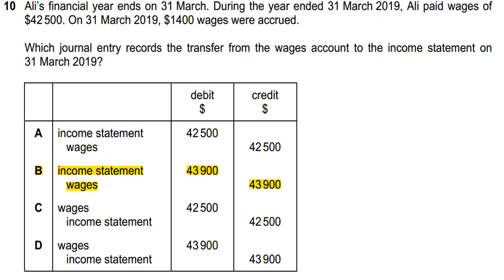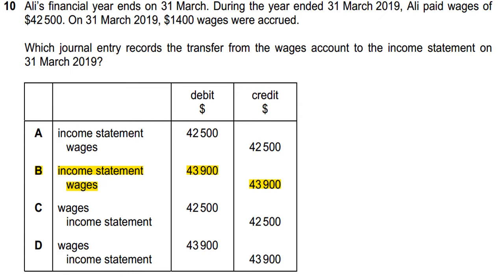If he accrued wages of $1,400, expense and income will be recorded in the particular year in which they are earned or incurred. So 1400 will be incurred in the particular year, so it will be recorded in the same year in which it is incurred, not in the next year.